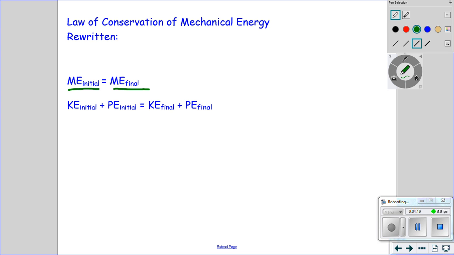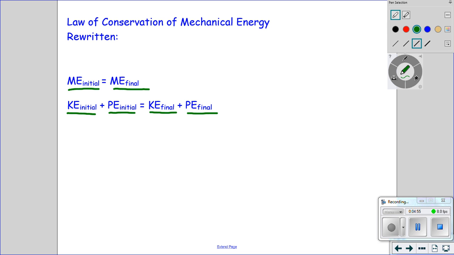You saw that during the energy skate park in a frictionless system because the total energy never changed, although the kinetic energy and the potential energy kept on changing back and forth dependent upon the location of the skater on the ramp. So I can break down that equation a little bit further to say initial kinetic energy plus initial potential energy will equal final kinetic energy plus final potential energy.